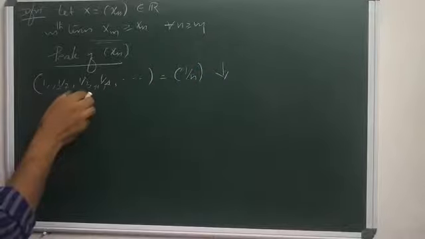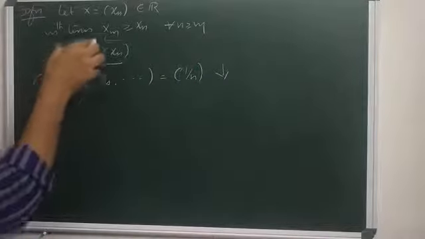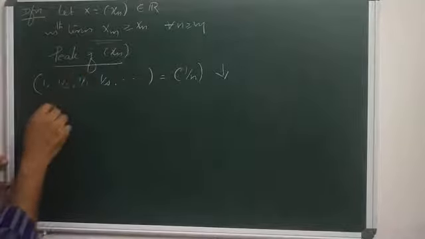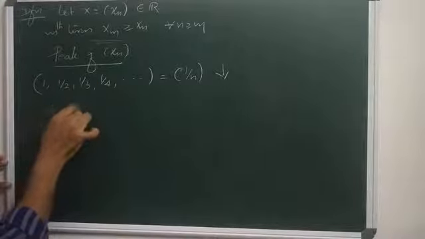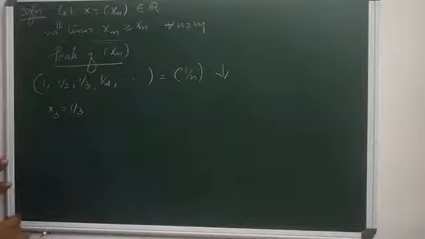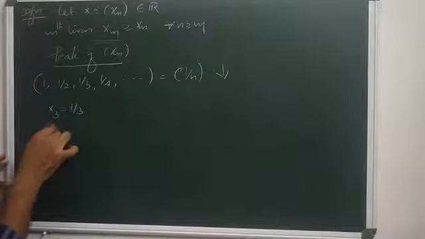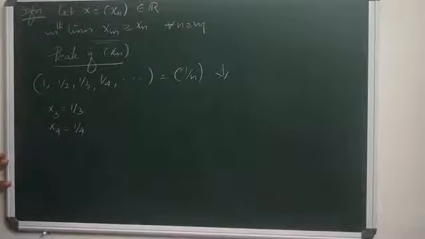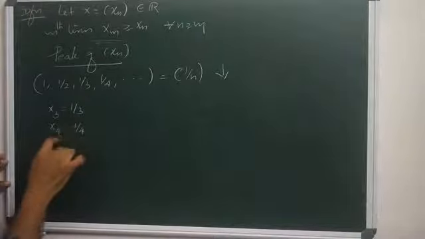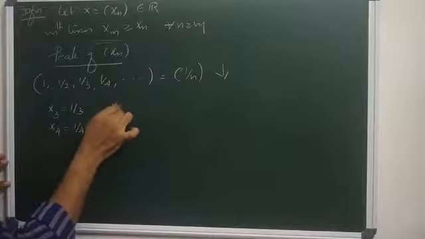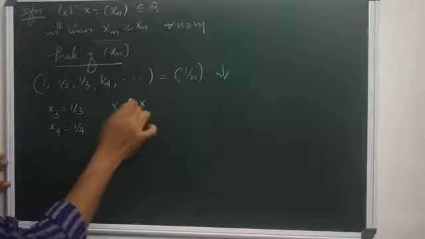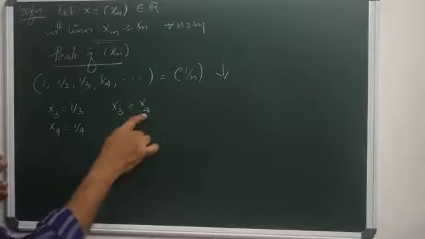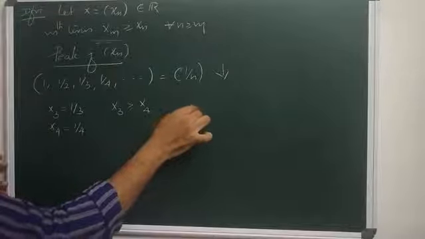Then we know that each term is a peak of the given sequence. Why? Consider the third term, x3 equals 1/3, and x4 equals 1/4. Clearly x3 is strictly greater than x4, for n equals 4 greater than 3.